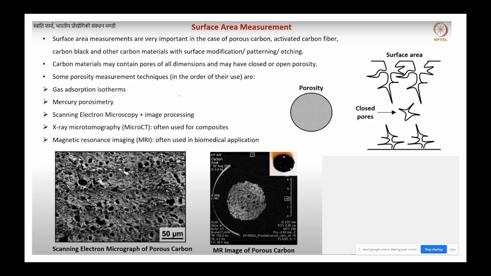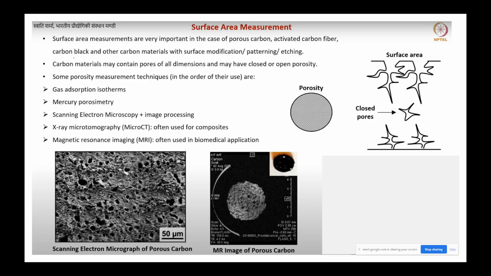Let me quickly go through the surface area measurement. Here you can see a material with porosity, let's say a porous carbon, activated carbon fiber, carbon black, and other carbon materials with surface modification, patterning or etching. Carbon materials may contain pores in all dimensions, as we have already seen, and can have some open porosity.